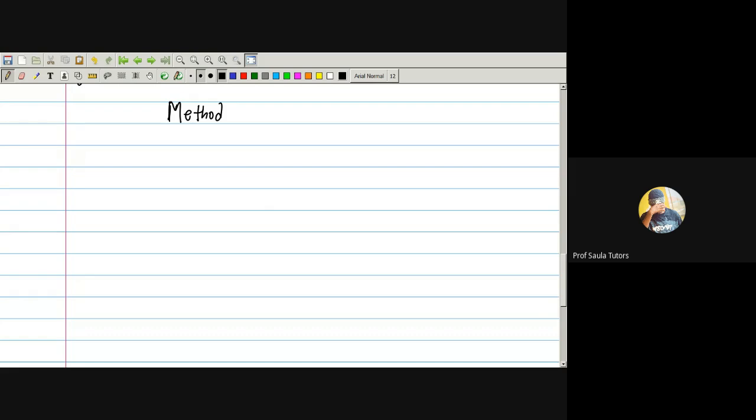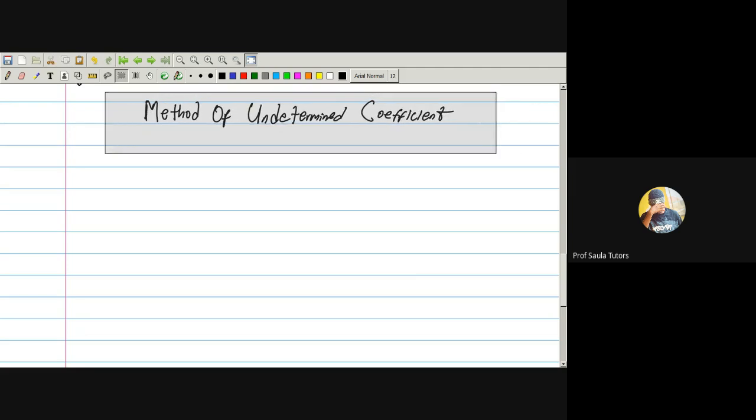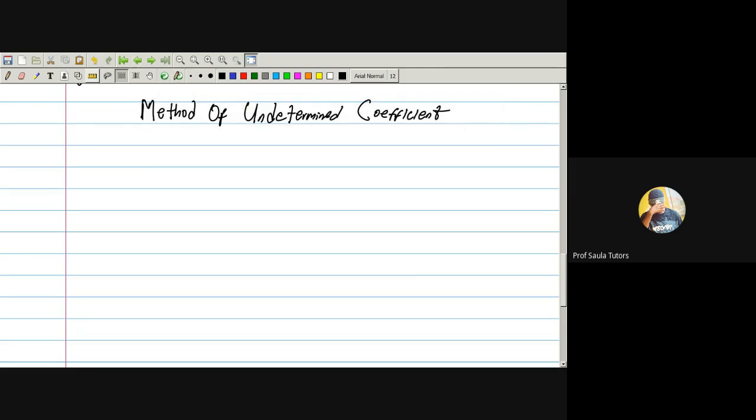Now let's go. The next one I want to look at is the method of undetermined coefficients. From the name, there are some coefficients that we have not determined.